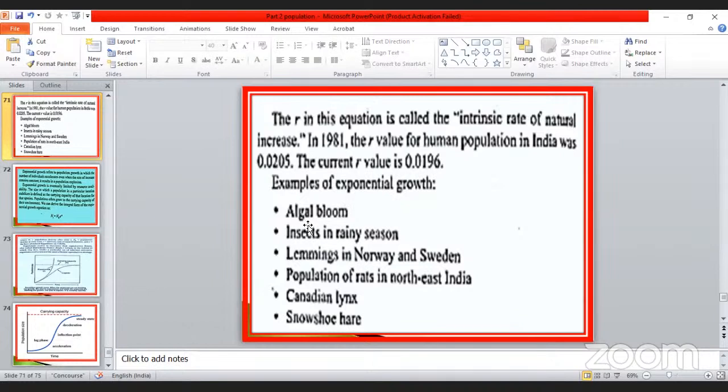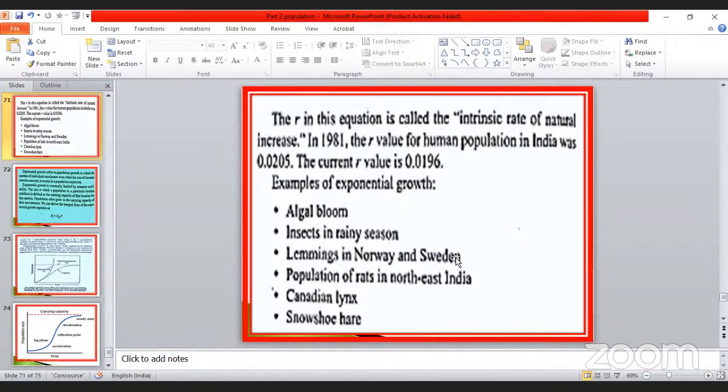Okay, my dear. The examples of exponential growth, there are so many examples that have been given. Sometimes they may ask questions, match the following sometimes. Algal blooms, already we studied biological oxygen demand in water pollution, isn't it? Okay. Insects in rainy season, now only we studied it. Okay.